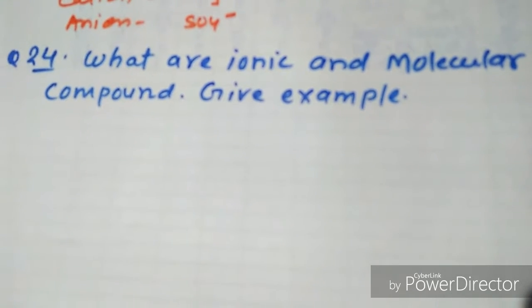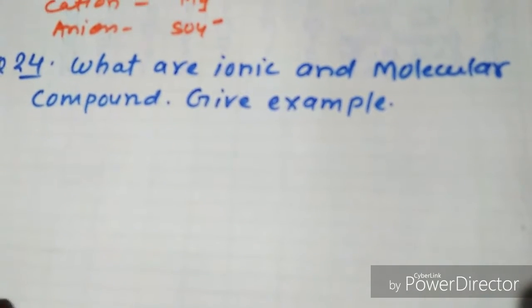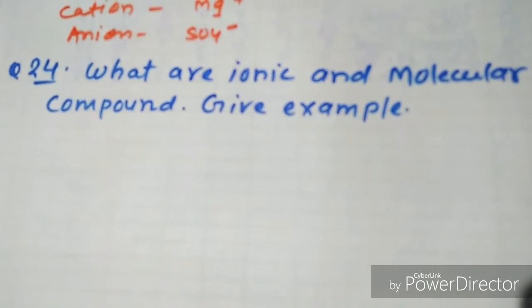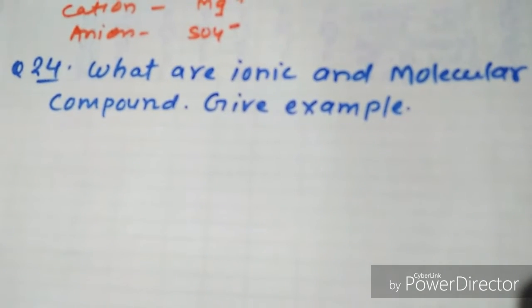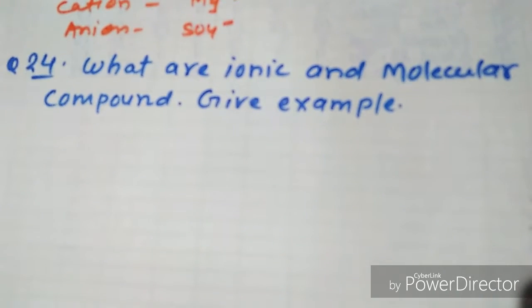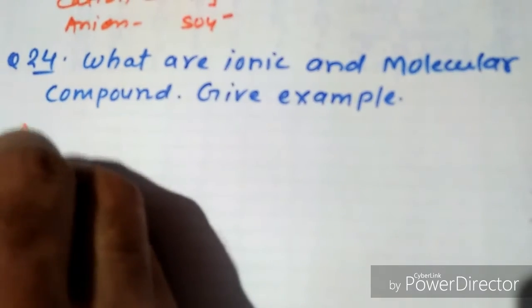And the next question is, what are ionic and molecular compounds? Give examples. At first we have to define what ionic and molecular compounds are, and along with that we have to write examples of these compounds. First we define it one by one.